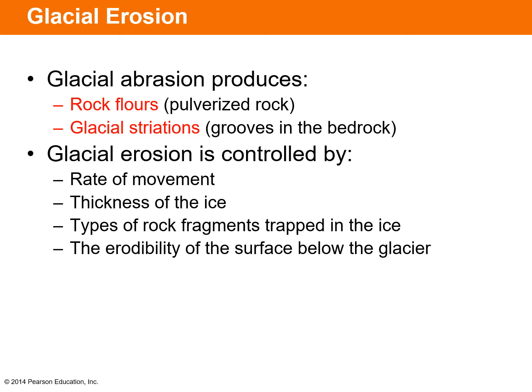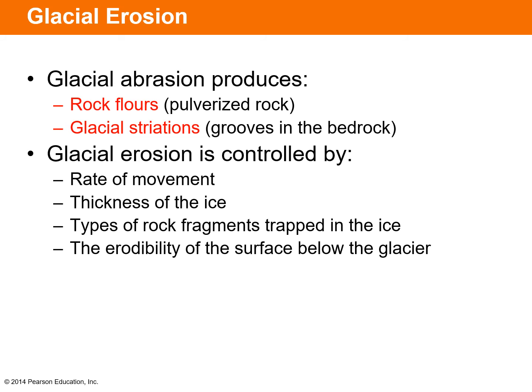In a lot of places where you have some sort of inlet that a glacier is flowing into, could be an alpine glacier in this case, you might notice that the water is quite green, and that's because the water often contains a bunch of rock flour. A second thing that glacial abrasion produces are striations, and these are grooves in the bedrock.